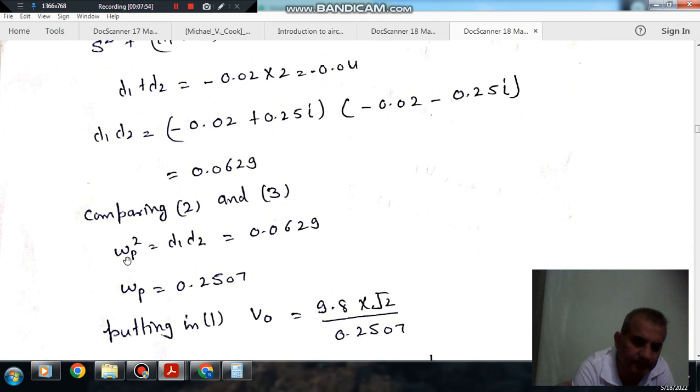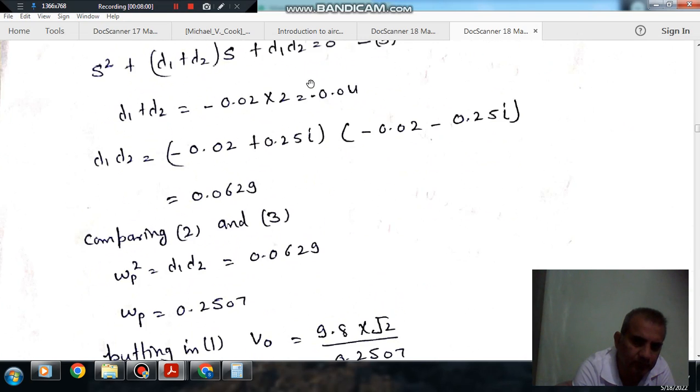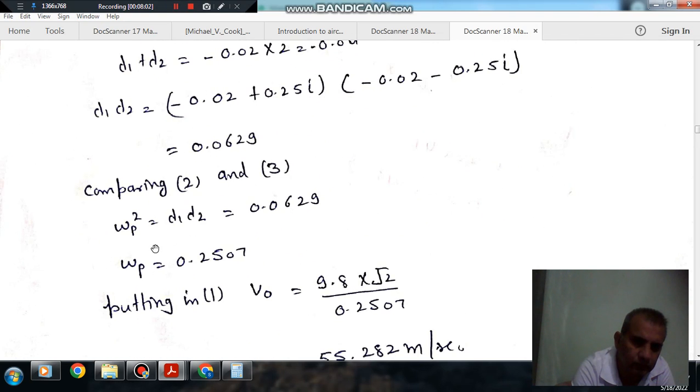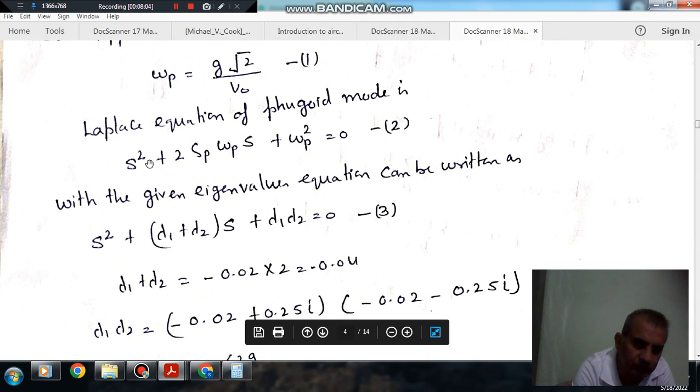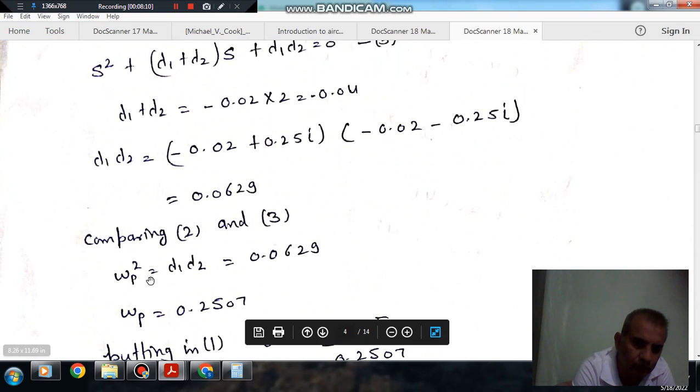Comparing 2 and 3, omega p square is the product of these two eigenvalues.